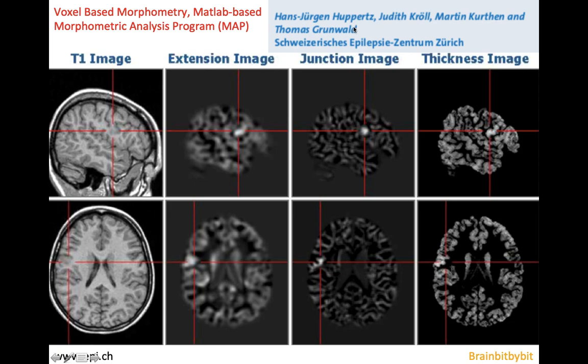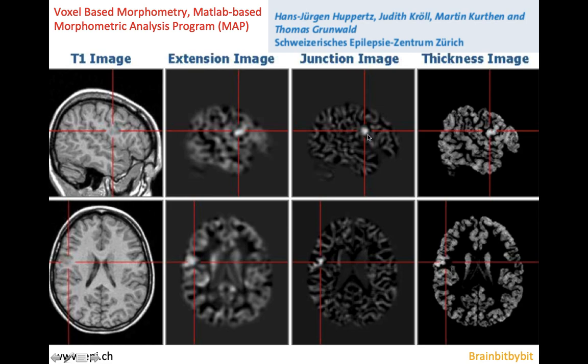And what this program does is that it compares the 3D T1 and 3D FLAIR scan of the patient on a voxel to voxel basis to a normative database, and it highlights the regions that might be abnormal on different feature maps.